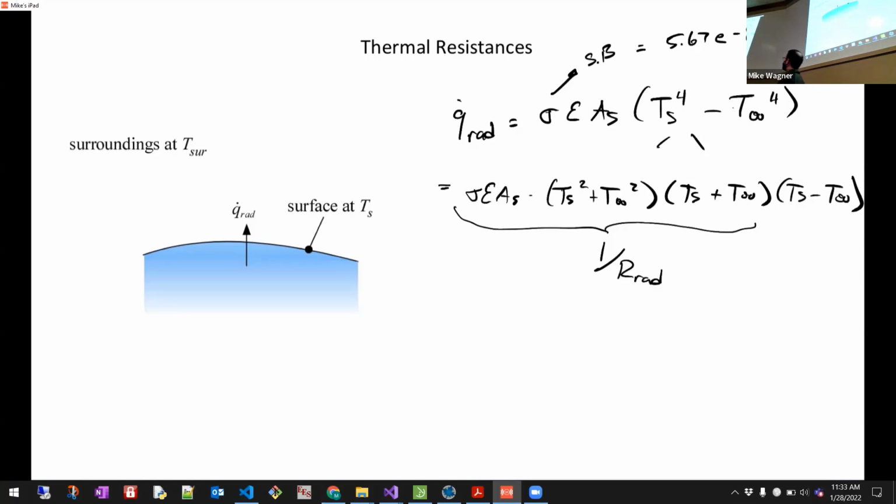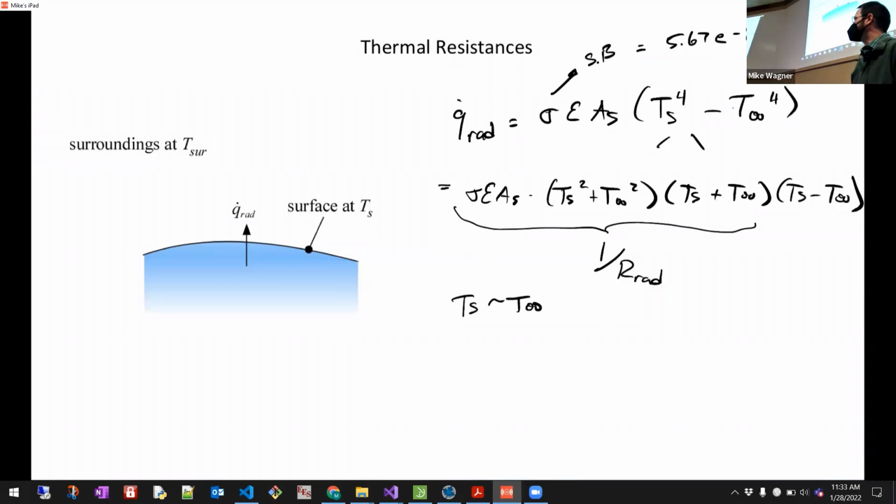The obvious thing though is that we have the driving potential as a function of T_S and T infinity, and those appear in the resistance as well. So the resistance itself is not independent of the temperatures involved. That turns out to be okay if, one, T_S and T infinity are approximately equal to each other.